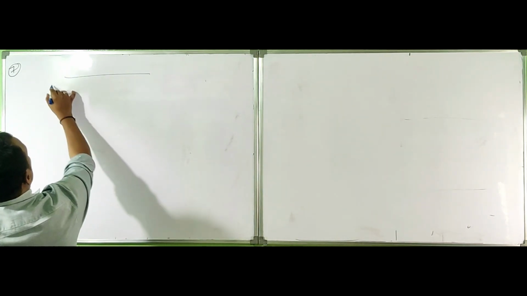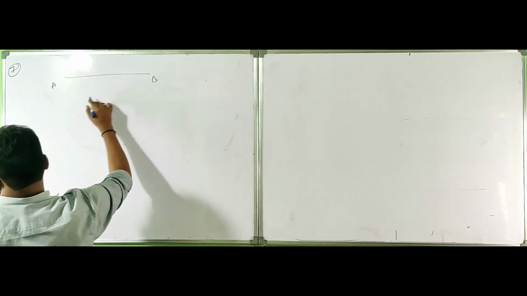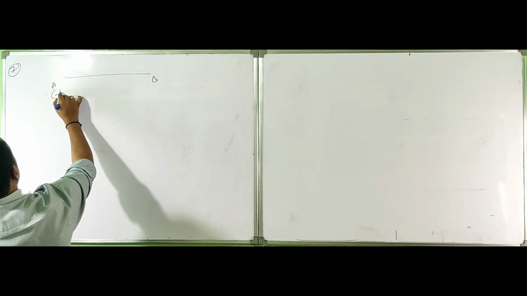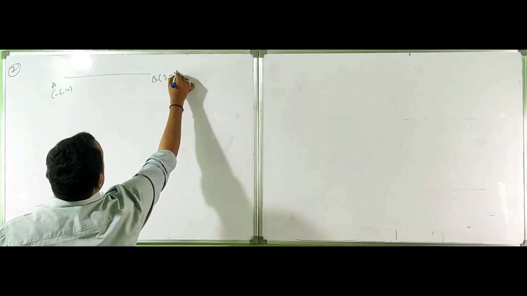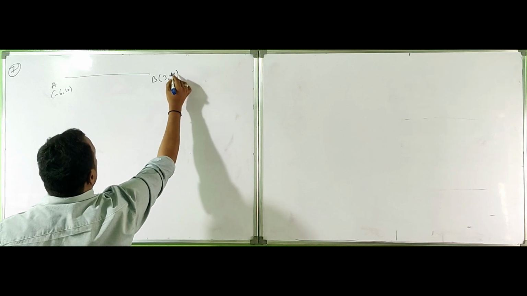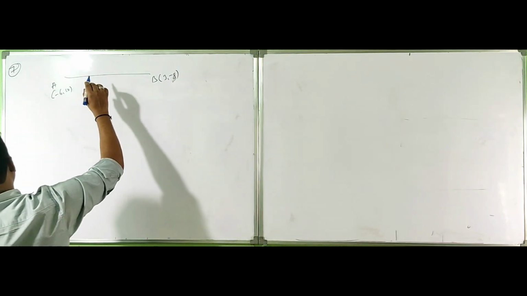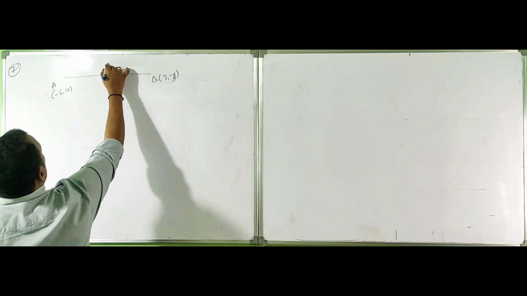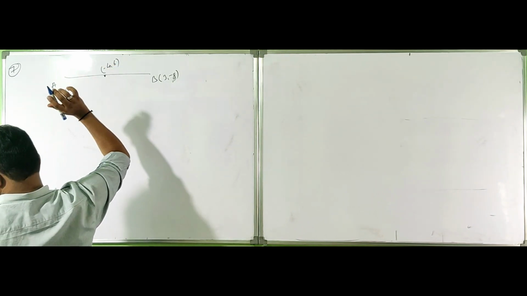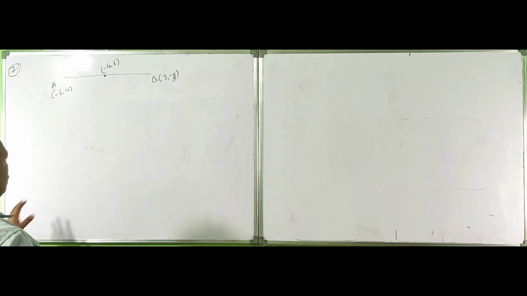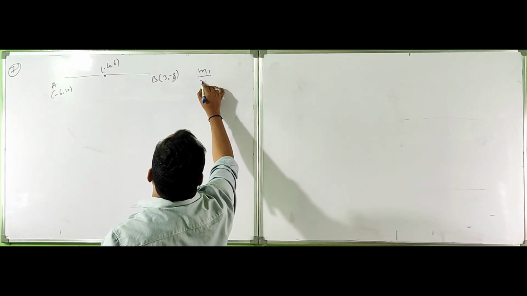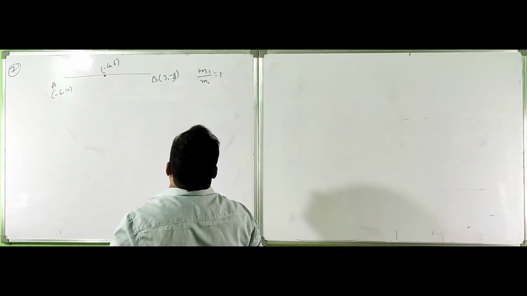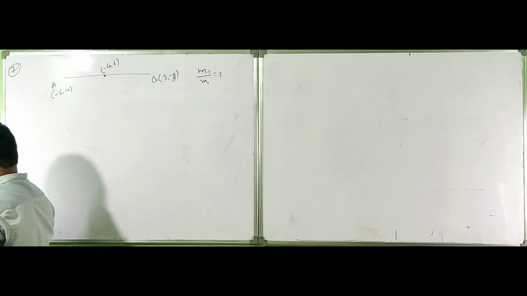The points are A and B: A is (minus 6, 10) and B is (3, minus 8), and the point that divides is (minus 4, 6). Find the ratio. I have to find m1 is to m2.